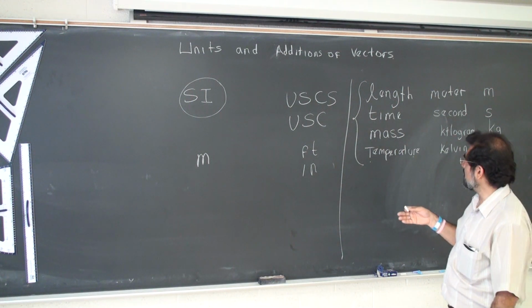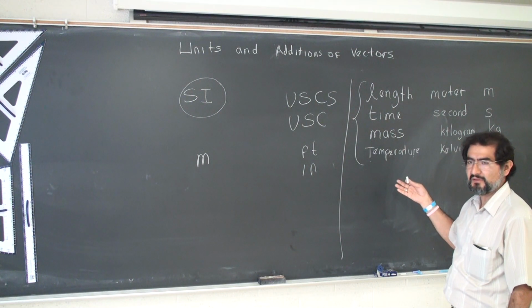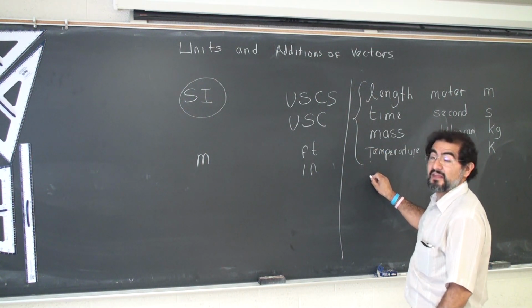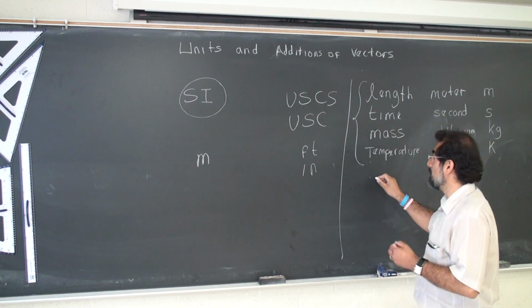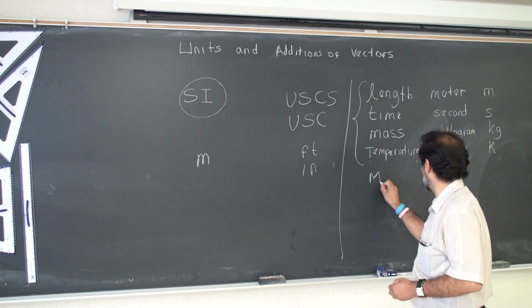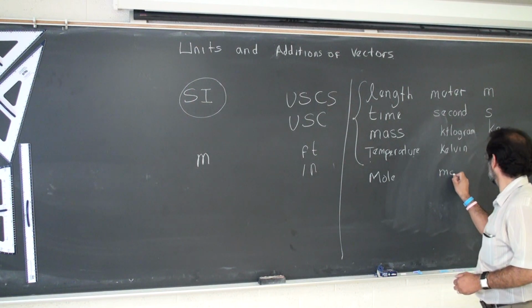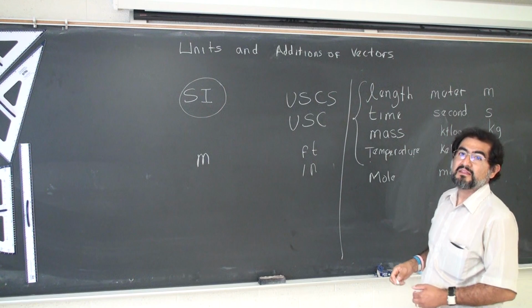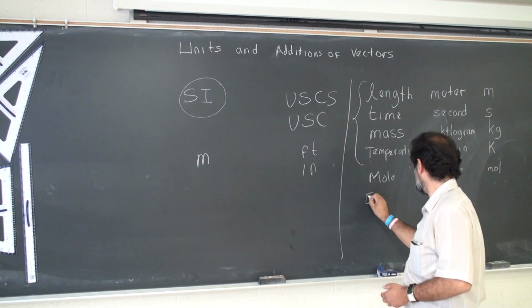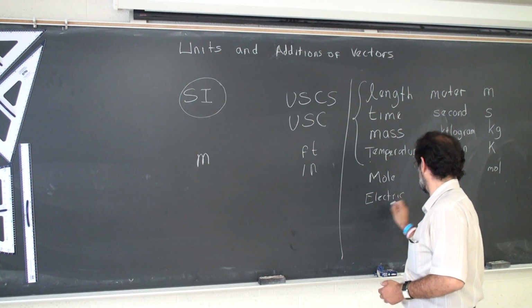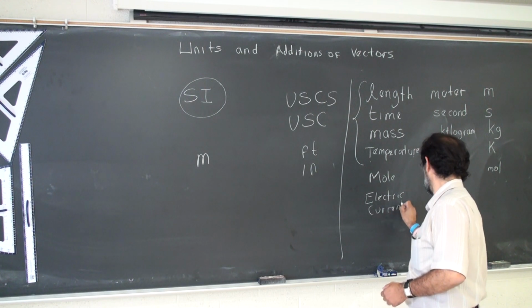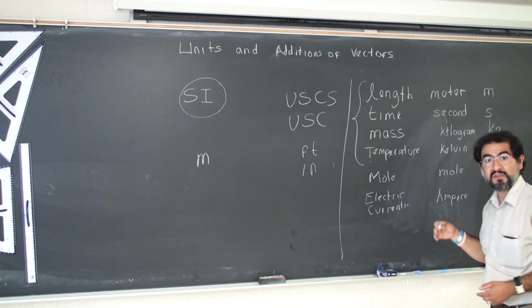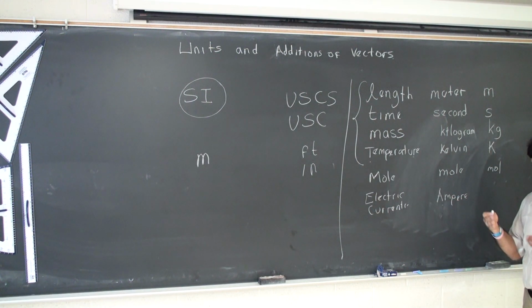We have other units that also are going to be important in the basic system of international units. We have the unit for the minimal amount of matter that we call mole. We have the electric current, that is ampere, something that you are going to use in physics too.